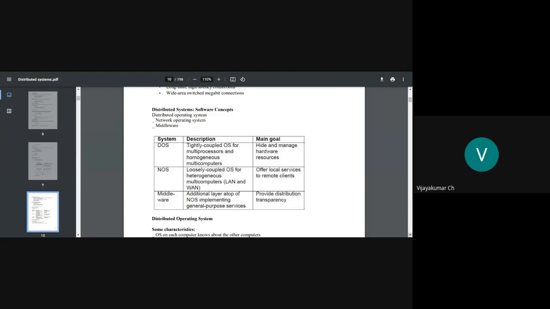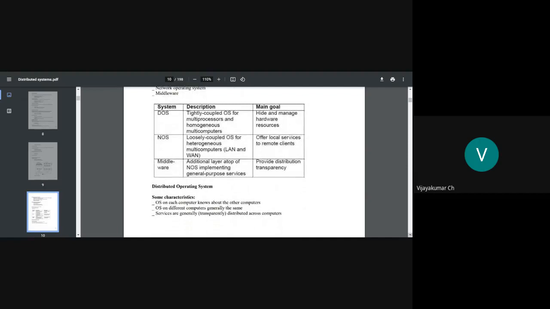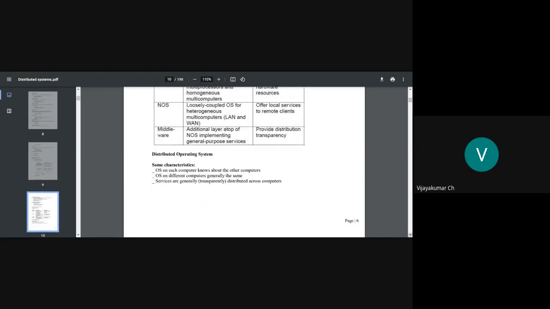After that, what is a distributed operating system? In a distributed operating system, each computer knows about the other computers. The operating system on different computers is generally the same.